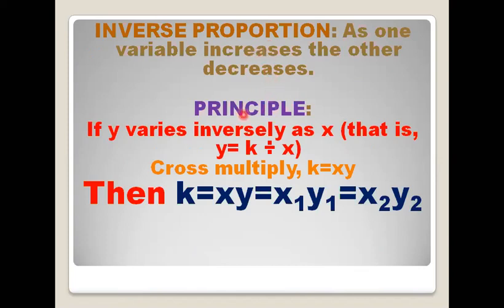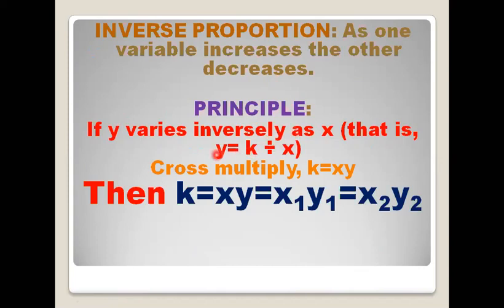So we move straight to the principle, which is: if y varies inversely as x, that is y is equal to k divided by x. Now this formula originates from y varying inversely as x, which is y varying, using the proportionality sign, and you write 1 over x.